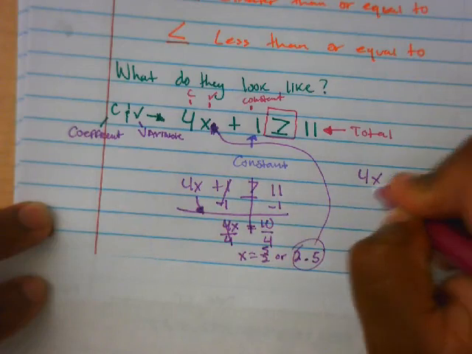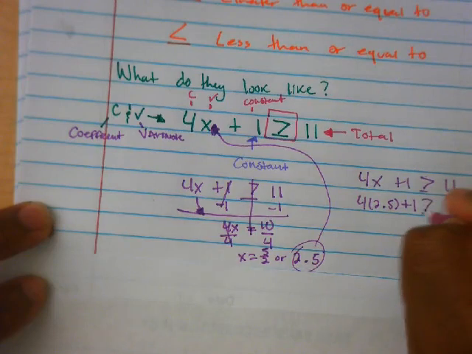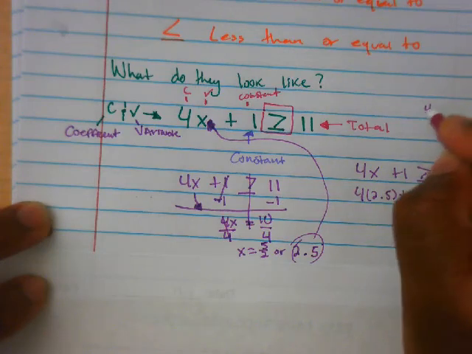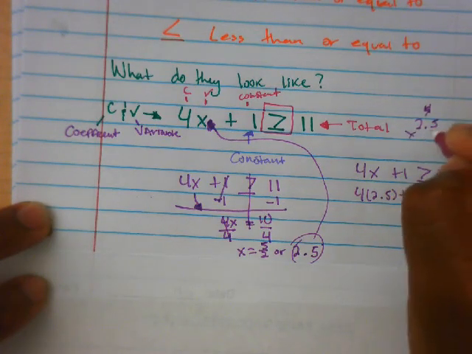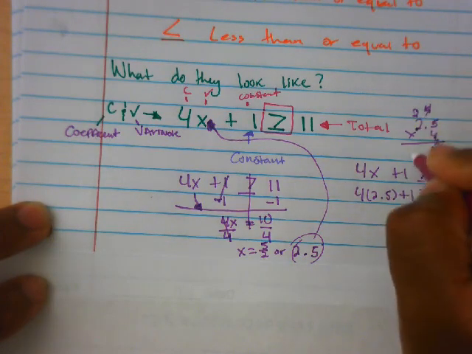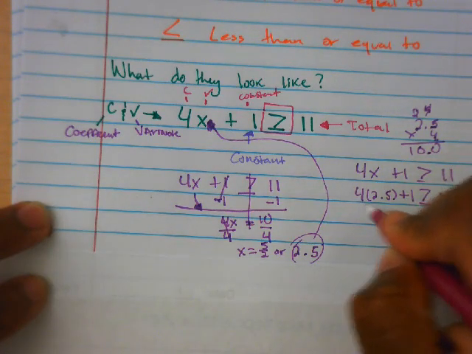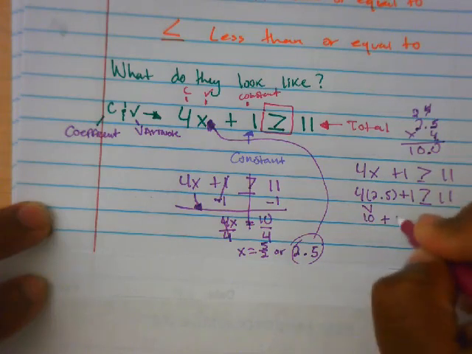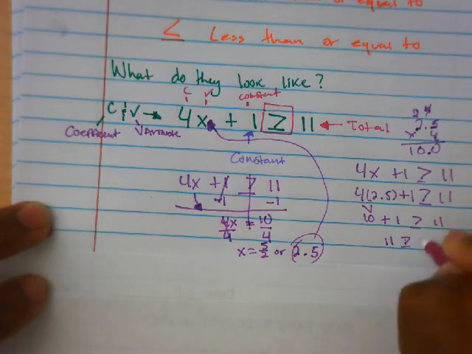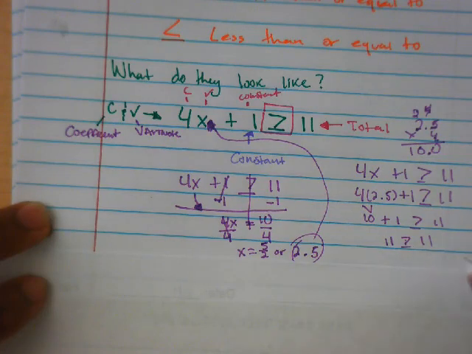I plug in 2.5 here, so 4 times 2.5 plus 1. 4 times 2.5 is 10, plus 1 is 11, greater than or equal to 11. So I look here, is 11 greater than or equal to 11? It is. It's equal to.